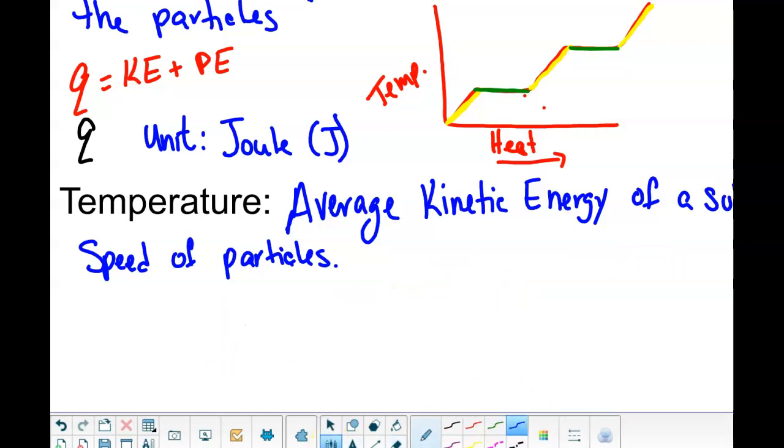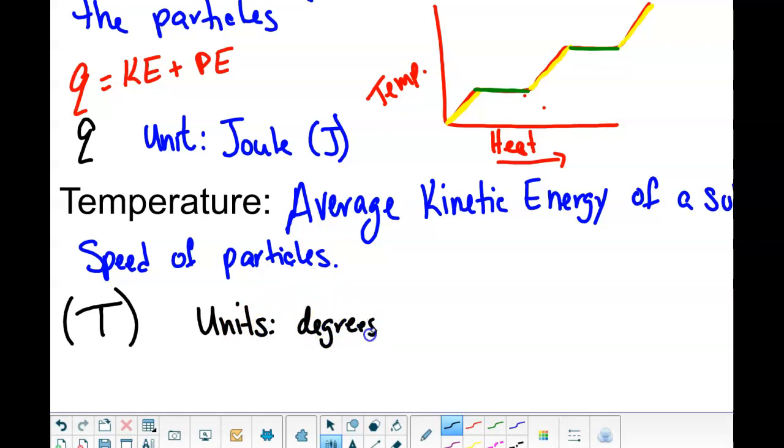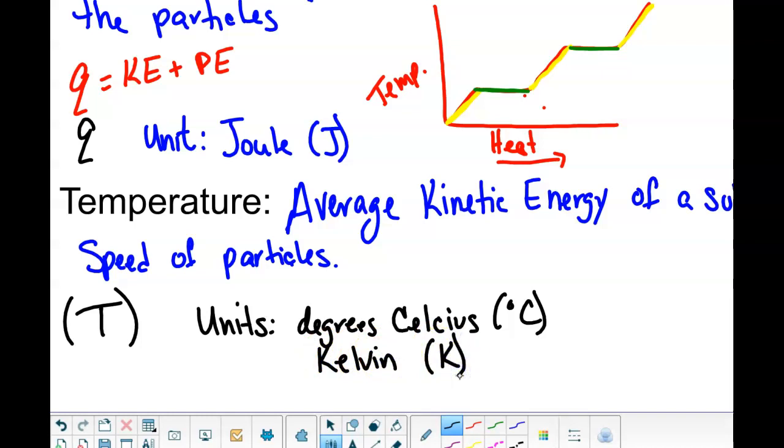Temperature has the symbol of T, capital T for temperature, and its units are degrees Celsius, which we have the symbol of degrees Celsius like this, or Kelvin, and Kelvin gets a capital K as its unit. All right, so that's the difference between heat and temperature.